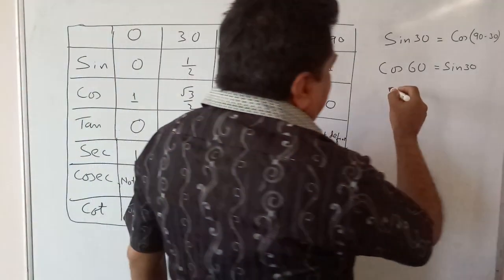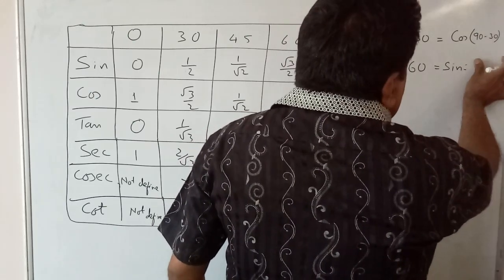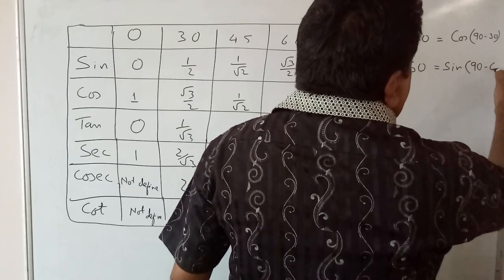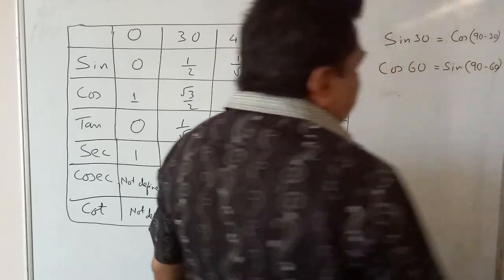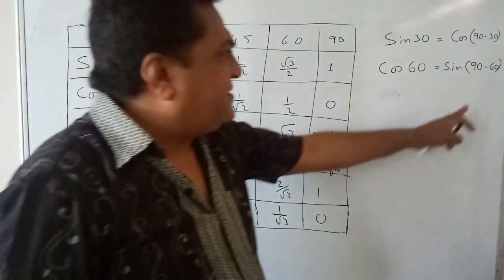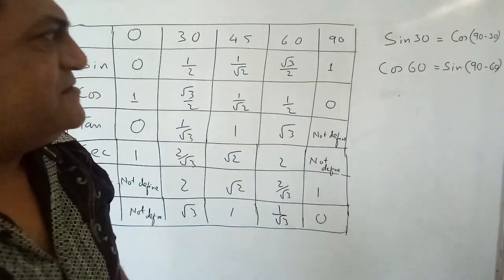In the same way here also you can write cos 60 is equal to sine of 90 minus 60. If I do 90 minus 60, I will get cos 60.